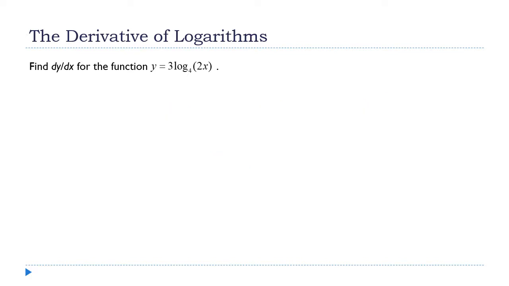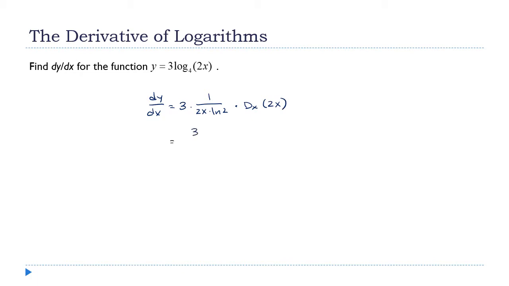All right, let me give you one. You can pause this if you like. Try working this one out, then we'll do it together. I'm seeing a chain rule situation here because I have the log base 4 of 2x. That's going to make dy/dx 3 times 1 over 2x times the natural log of 2 times the derivative of 2x.